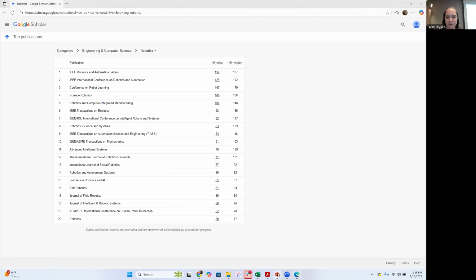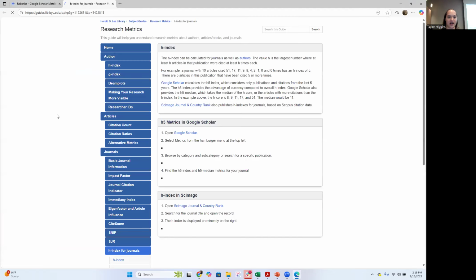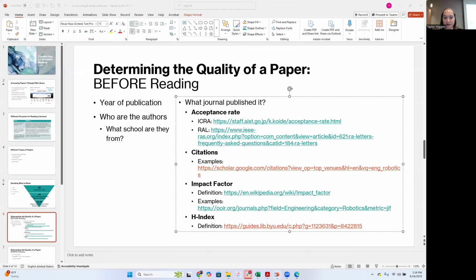Okay, so the number of citations, that's the H index. Here's a link to the definition of the H index. It says the H index can be calculated for journals as well as authors. So if you have a publication, you have an H index. I don't know what mine is, but I really probably should. And then impact factor. Impact factor is just another metric.